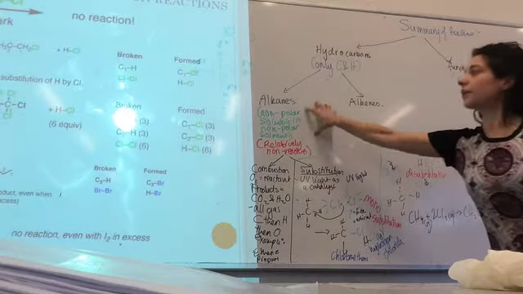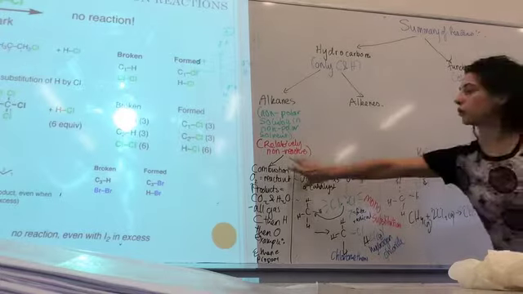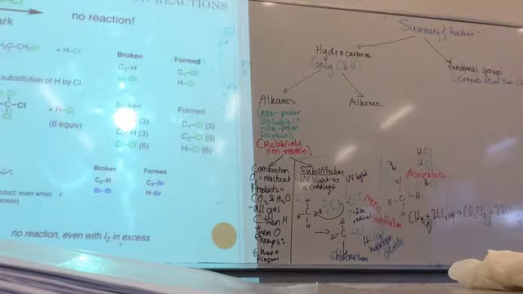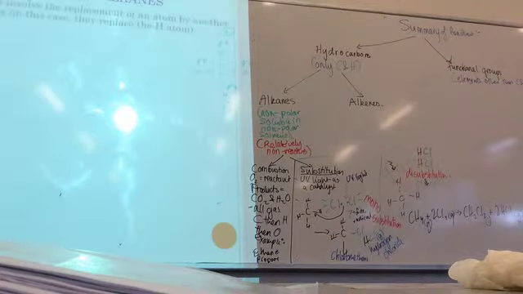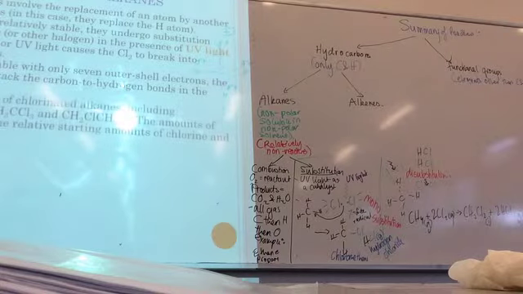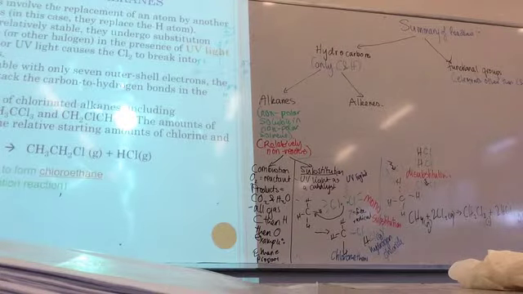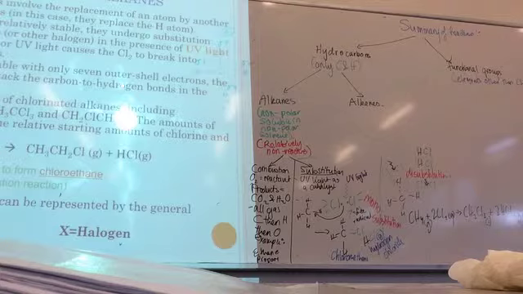Okay, so we've got alkanes. We've got these two different reactions, substitution and combustion. Are you happy with that? I've got just a little summary of that for people that are away, but we've written everything in there.